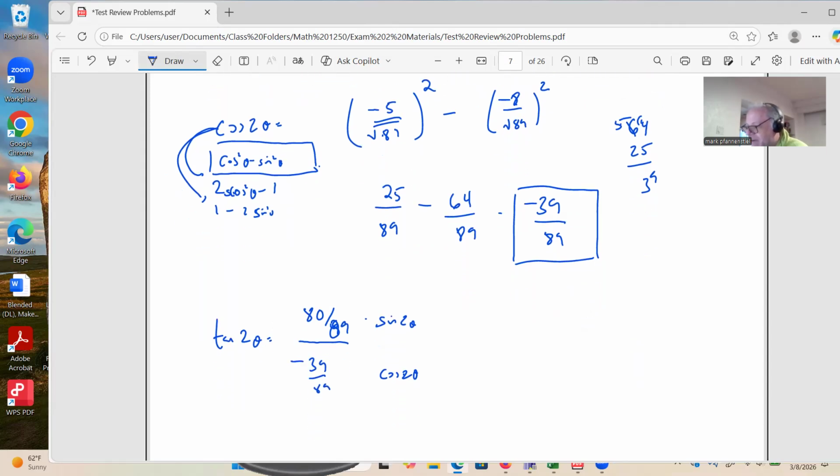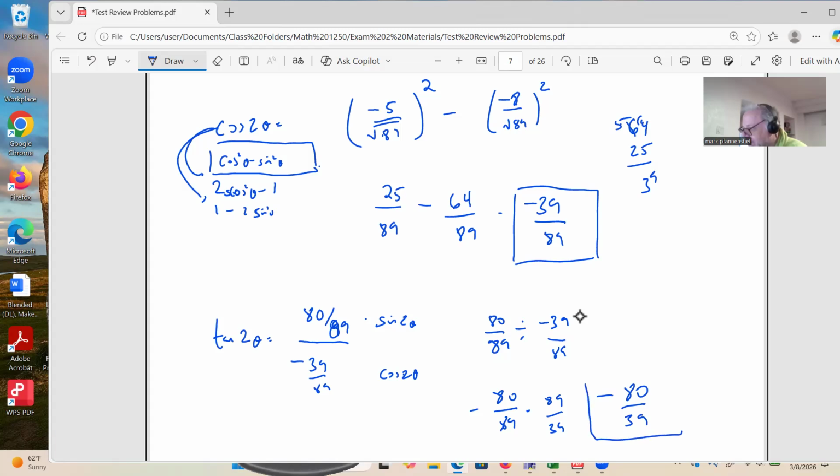That turns into 80 over 89 times 89 over 39, with the negative. The 89s cancel, and I end up with negative 80 over 39. That is my value for tangent of 2 theta.